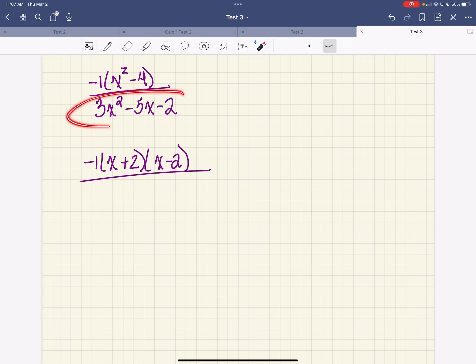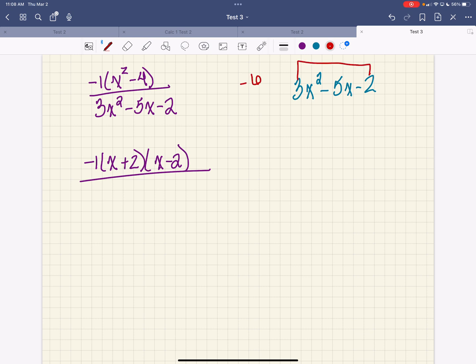This is a little more complex for your factoring, so I need to do it off to the side. Why is this more complex? I have a coefficient that is not 1. That's why this is more complex. So let's remind ourselves how to factor using this process. 3 times negative 2 gives me a product of negative 6. My sum is negative 5.